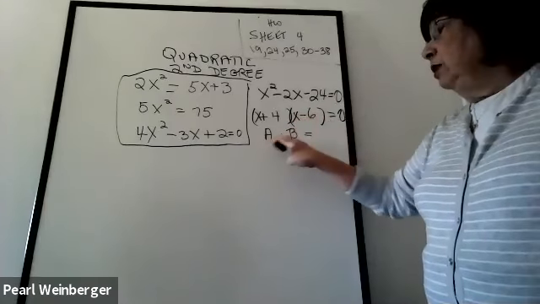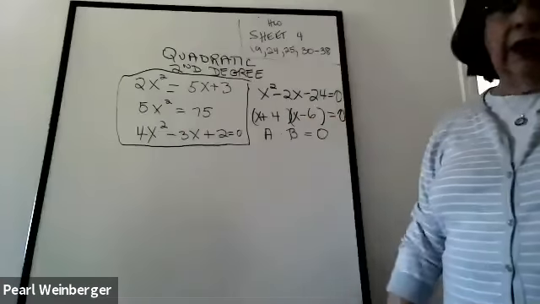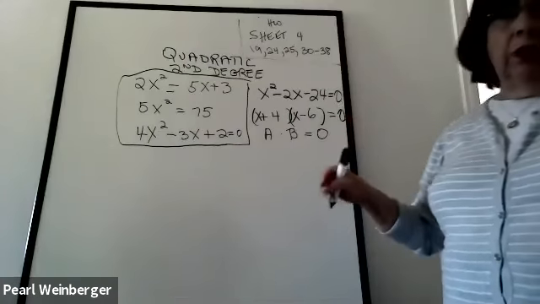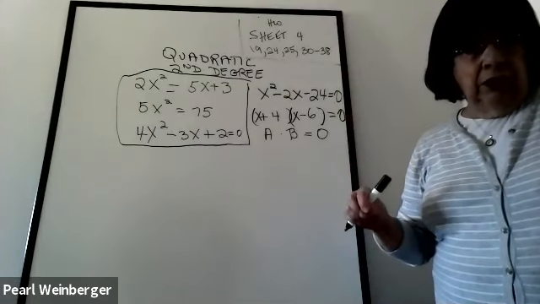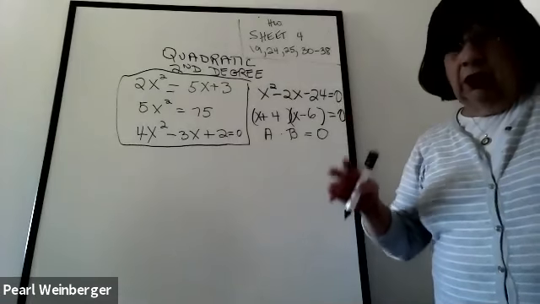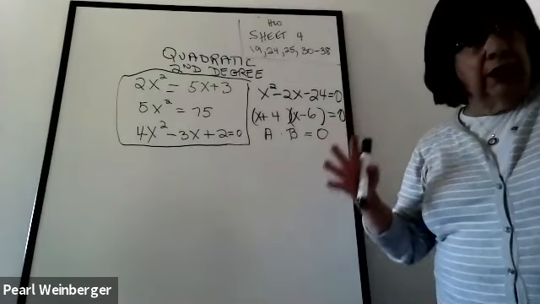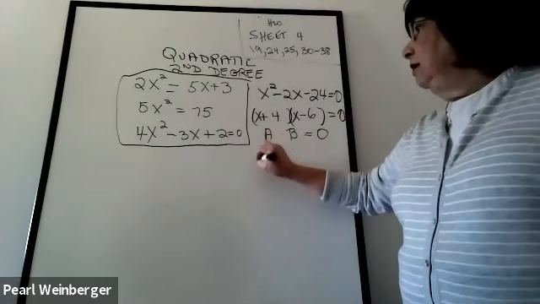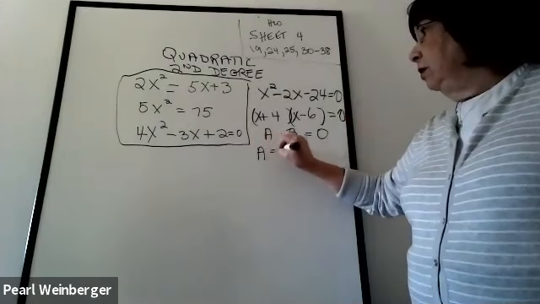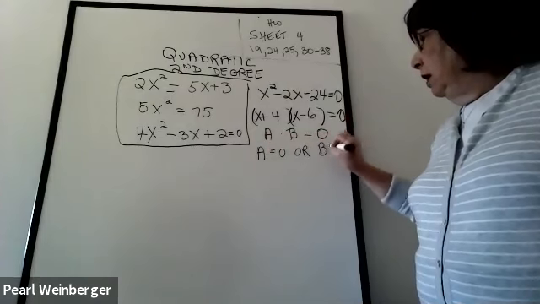So we have these two numbers, a and b, that are being multiplied. And the answer that you're getting is equal to 0. Now, 0 has a very interesting characteristic. Anytime you multiply two numbers and your answer turns out to be 0, it must mean that either a equals 0 or b equals 0.